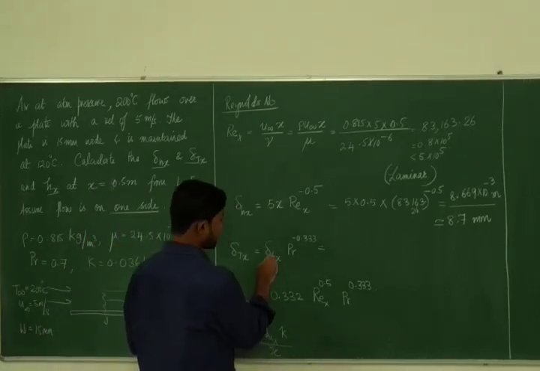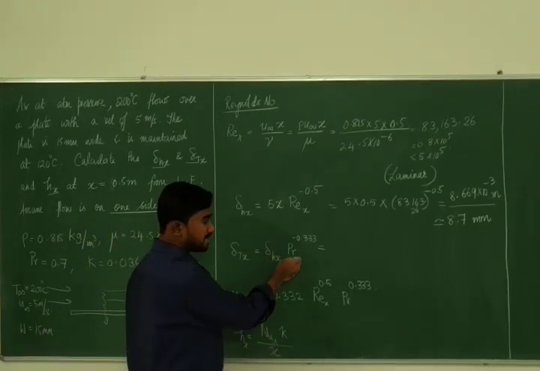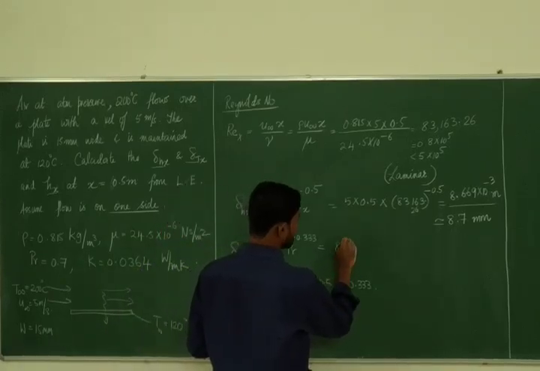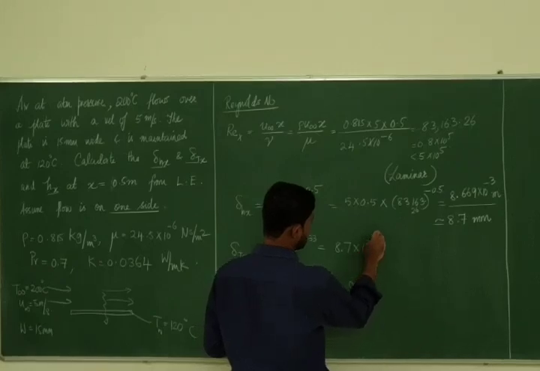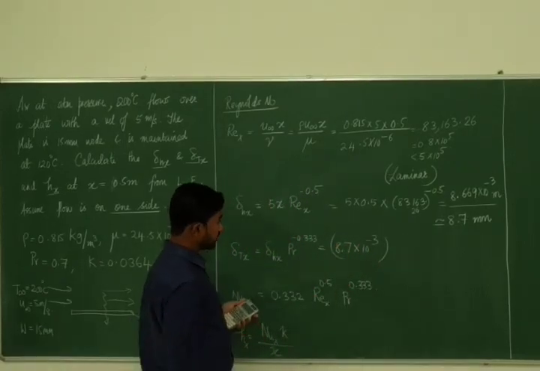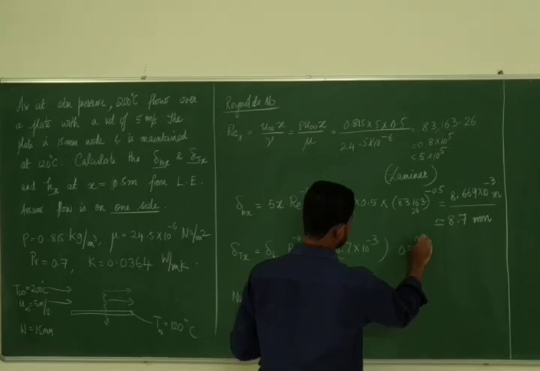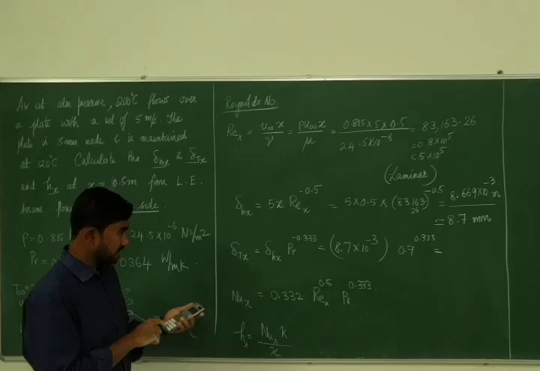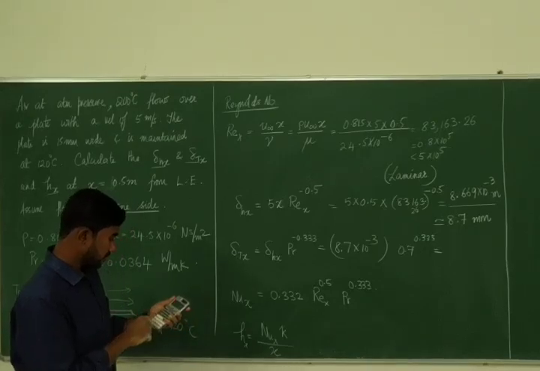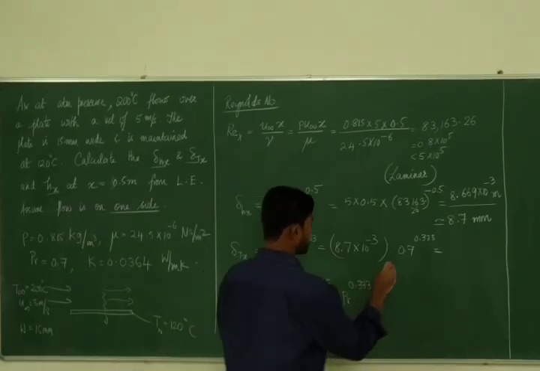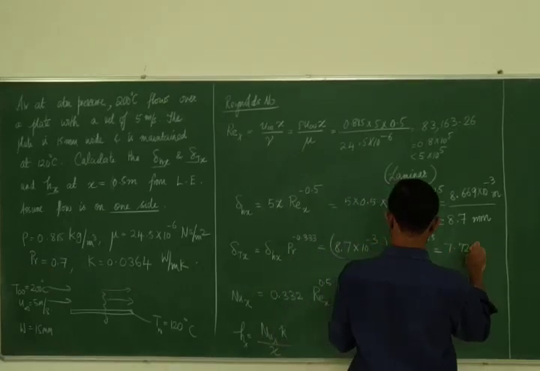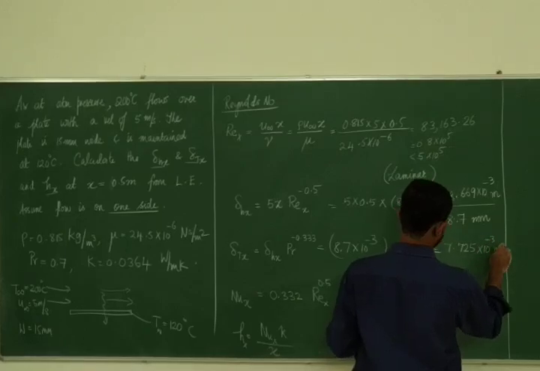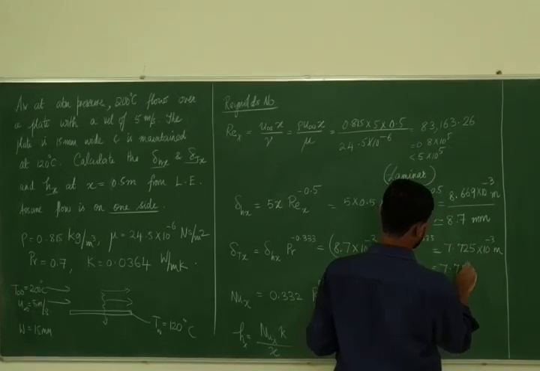Now the thermal boundary layer thickness is the hydrodynamic thickness into Prandtl number power minus 0.333. So you can use 8.7 into 10 power minus 3, that is delta_h x, into 0.7 to the power 0.333, which is 7.725 into 10 power minus 3 meter.